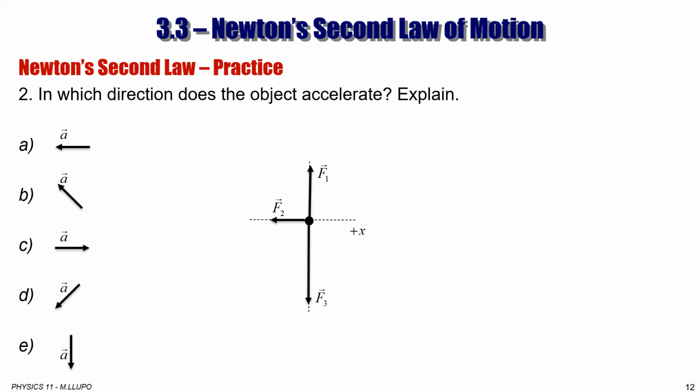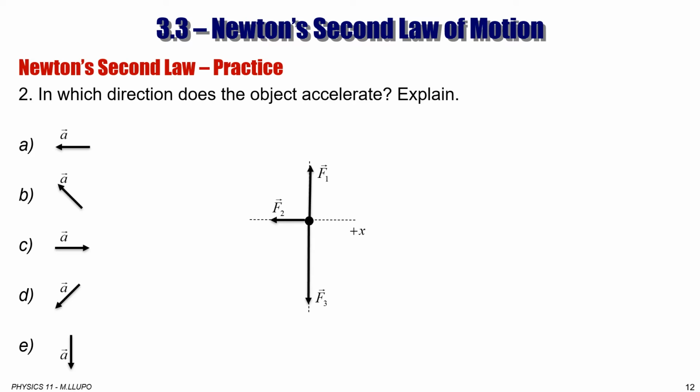Let's start with A. A is not true because if it were, then F1 and F3 would have to cancel each other, making F1 and F3 the same magnitude but in opposite directions, which is not true because F3 is longer than F1. So we do have a vertical component, a vertical resultant.